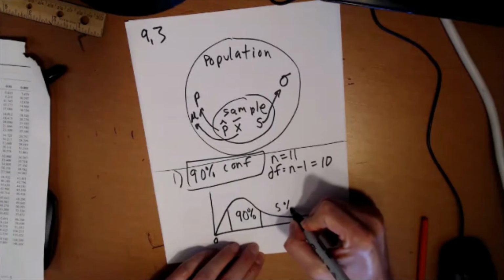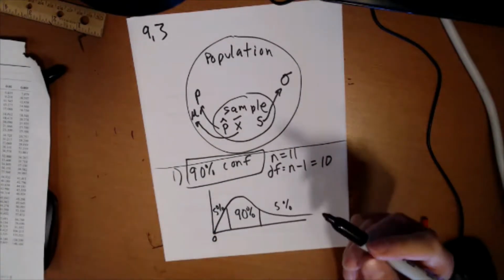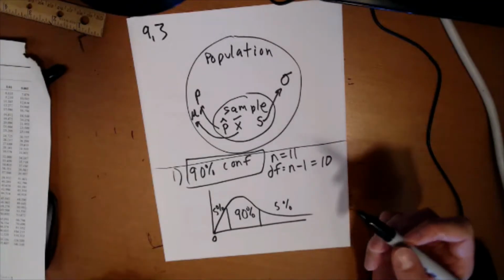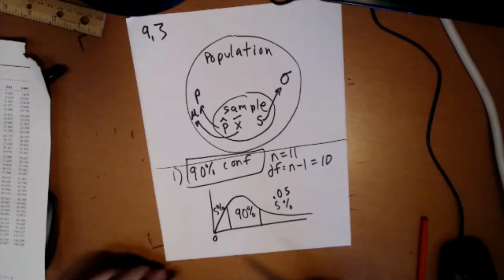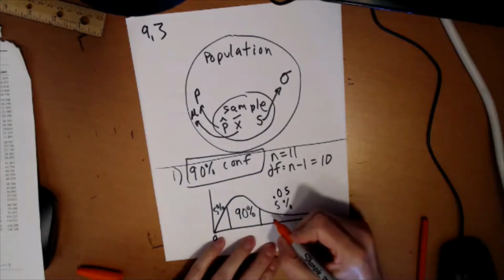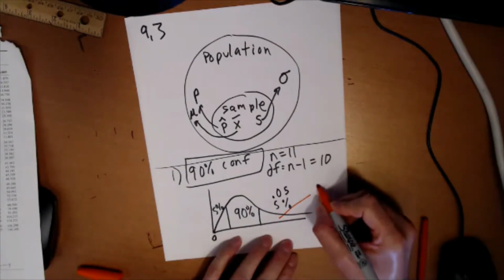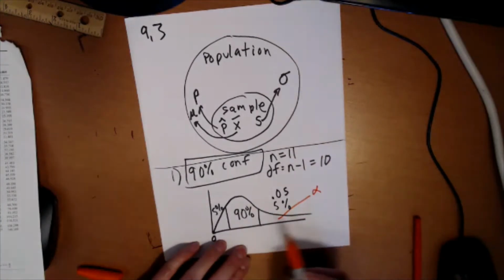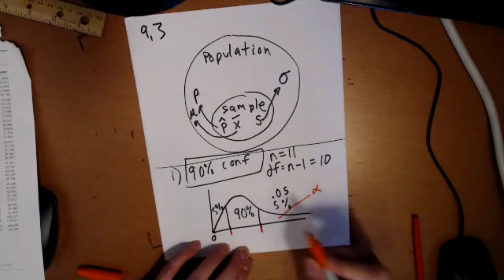So 5% here, 5% here. And this is when it gets a little bit tricky. Our chi-square table is a weird right tail table. You'll see that at the very bottom of the table, it says that that's alpha. So it's coming from the right. So how do I need to get to this location and this location?